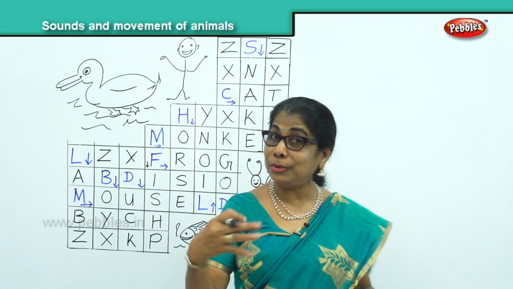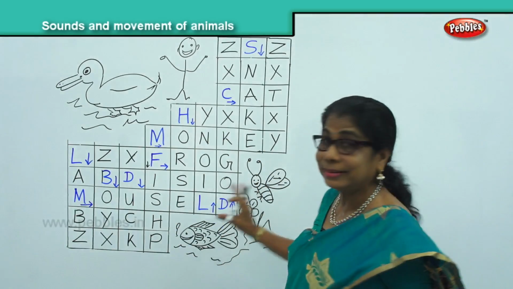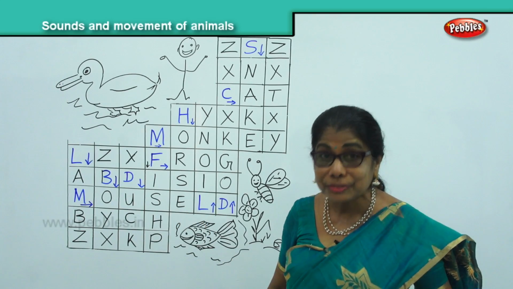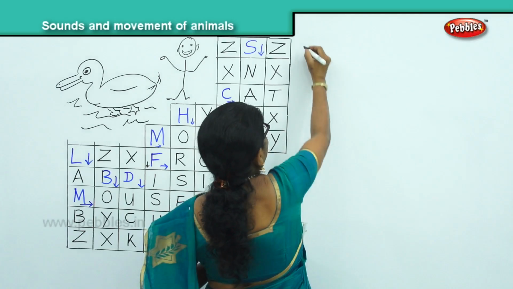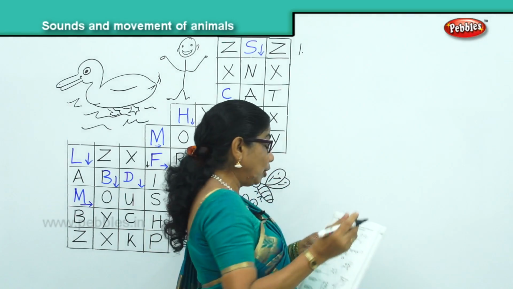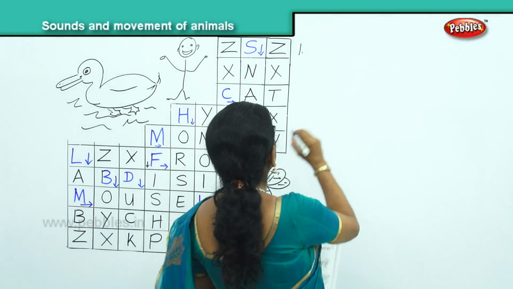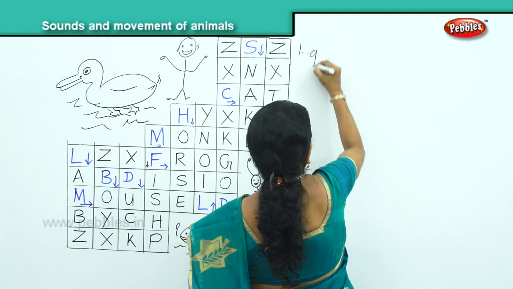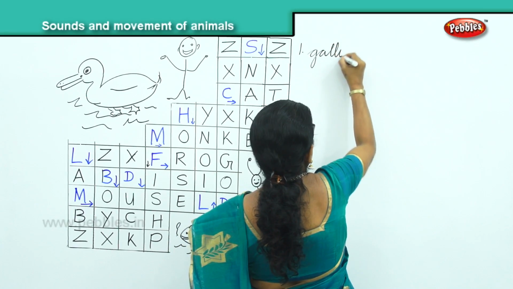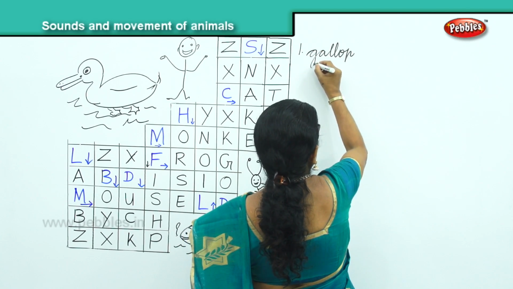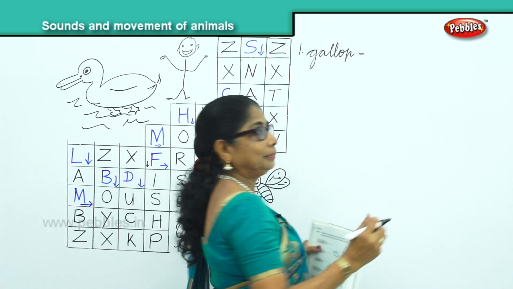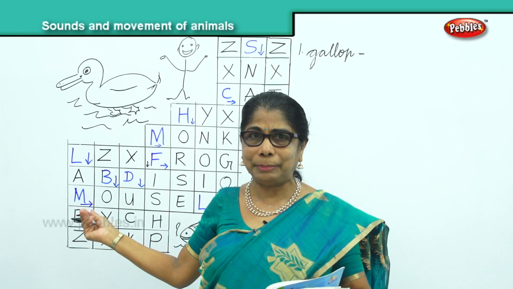I'll give you the sound. You find here the names of animals, spellings correctly. So I'll write here number 1, I've got here gallop. So find who gallops.